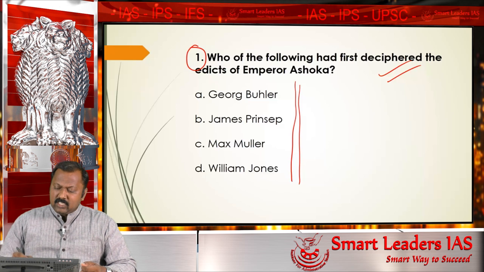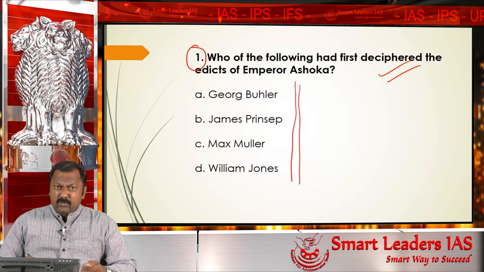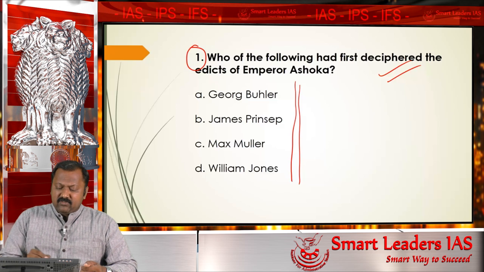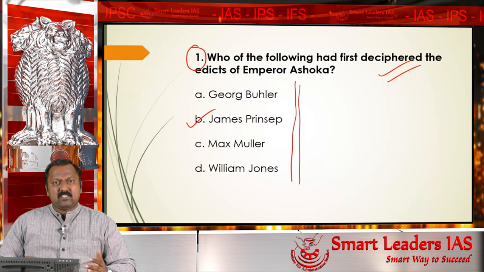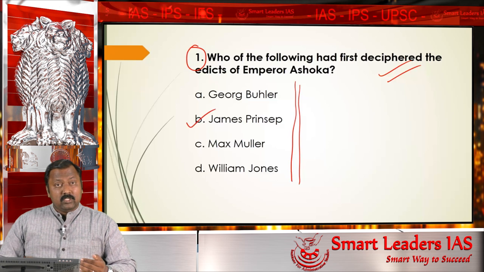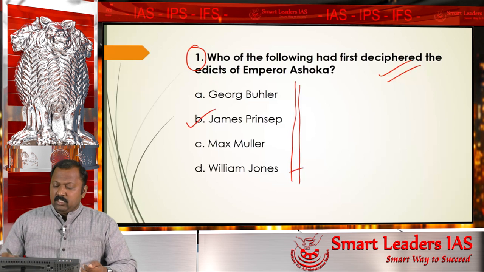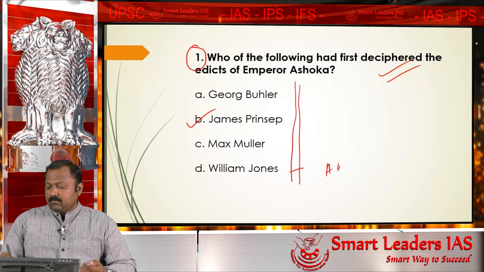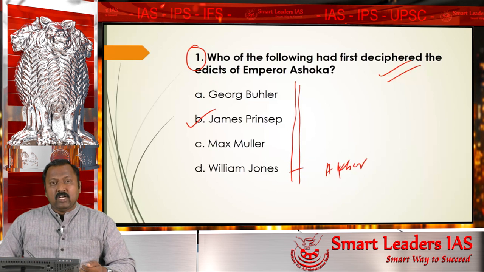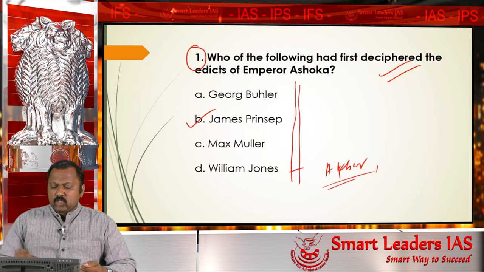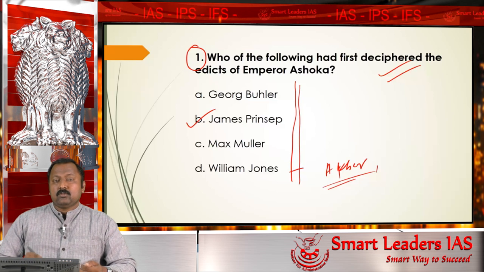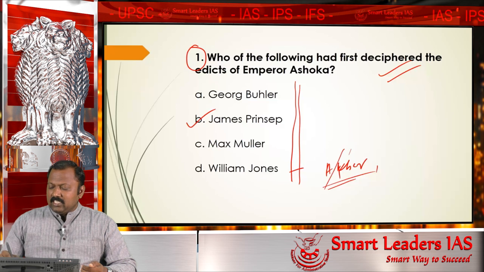So let us presume that in this type of question, who among the following deciphered the edict? I know the answer, let us say James Prinsep, that's it. And if you do not know and you cannot make any judgment, let us say among these 4 choices there is an option called Akbar, or some other name which is not at all relevant, then you can easily eliminate this choice.